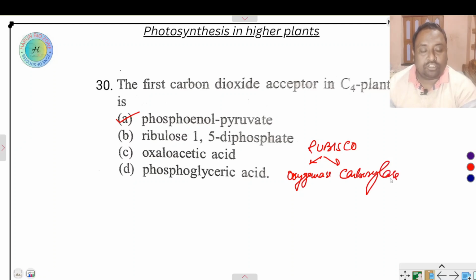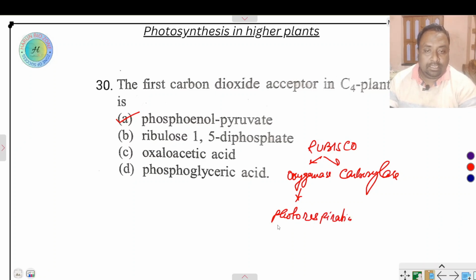If the concentration of CO2 is increased in the atmosphere, then the oxygenase effect decreases and so does photorespiration. Photorespiration is not beneficial for the plant because it utilizes energy, but carboxylase shows the Calvin cycle.